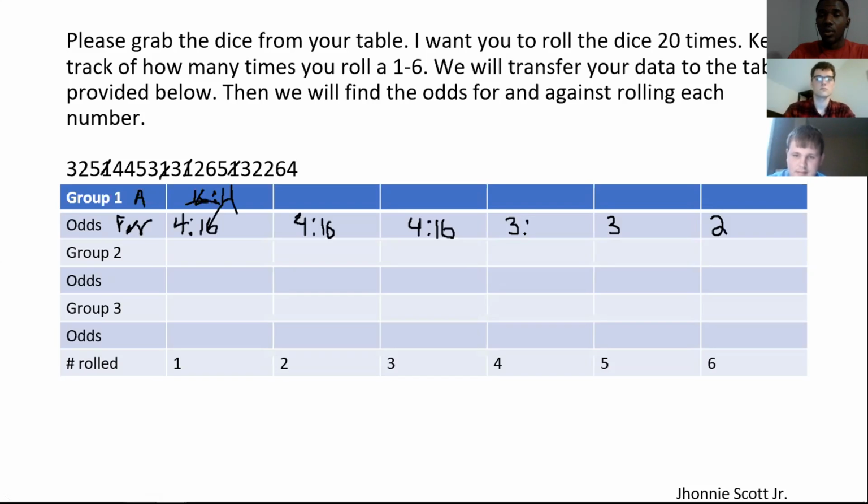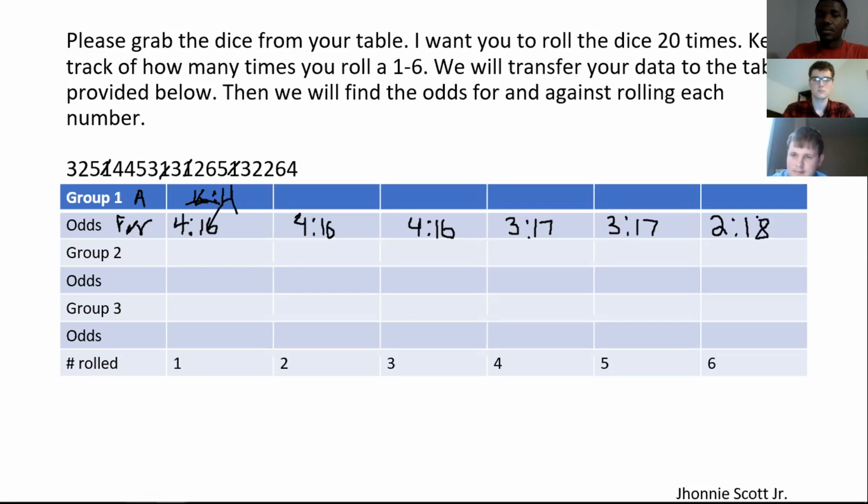So we have 3 and 17 odds, because we did not get 4 17 times. And this one over here will be the same thing for the same reason, except this is a 5, not a 4. So we have 3 to 17 odds. Now for 6 over here, 20 minus 2 is 18. We have 2 and 18 odds.